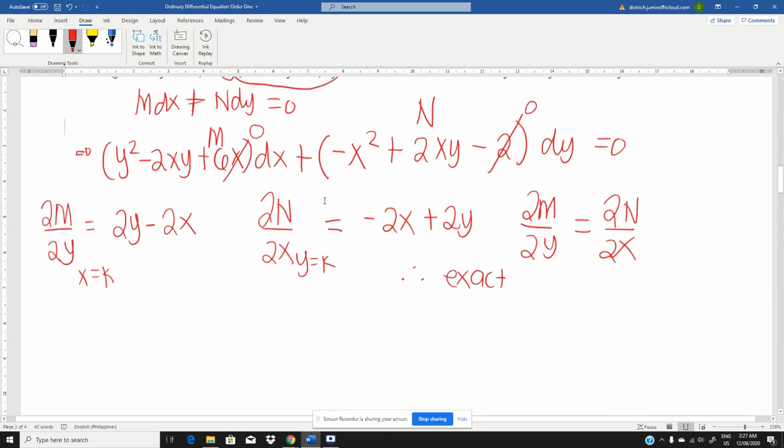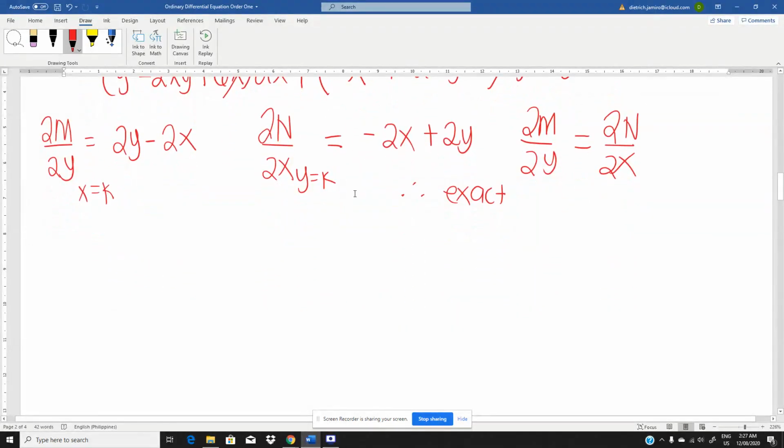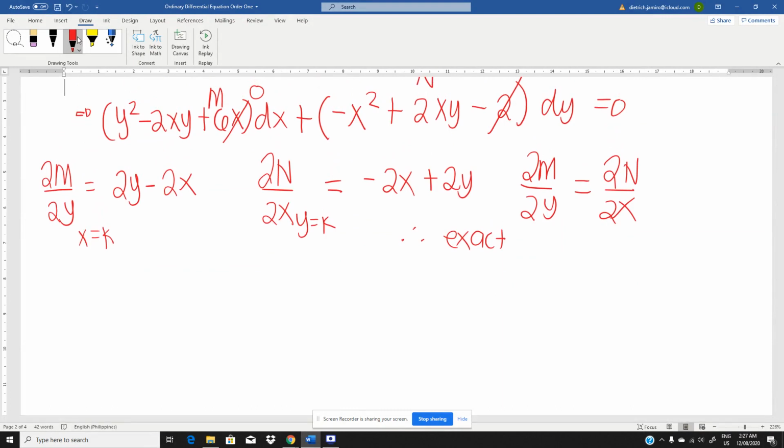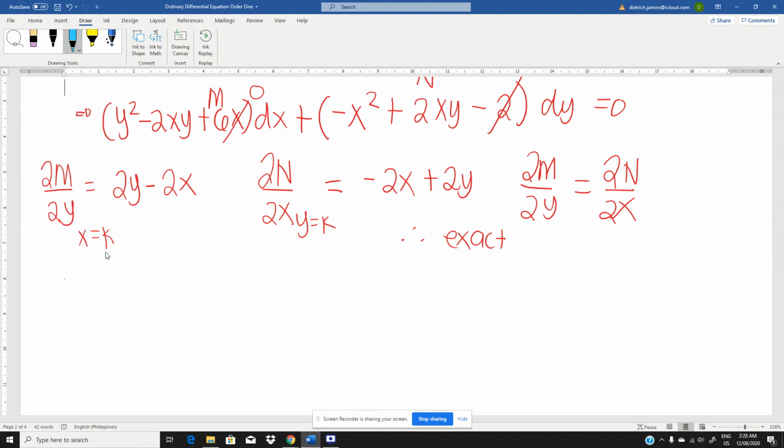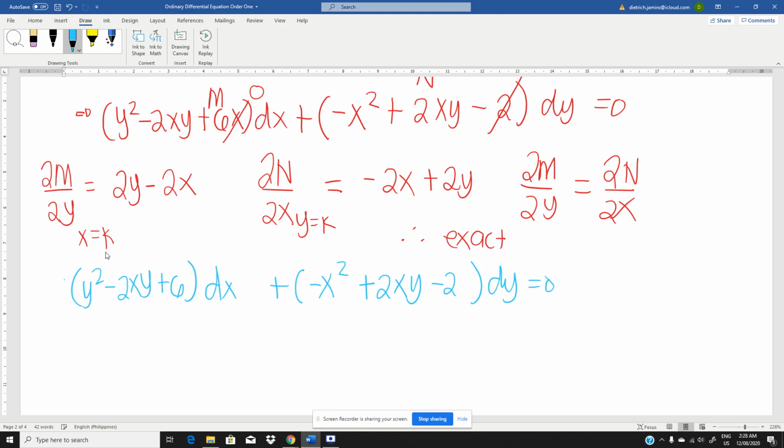Now let's go. I'll just rewrite it first. So we will have (y squared minus 2xy plus 6) dx plus (negative x squared plus 2xy minus 2) dy is equal to 0.